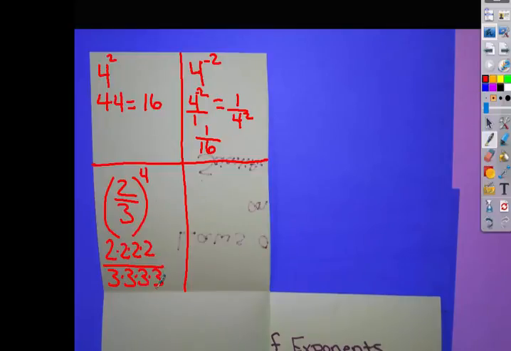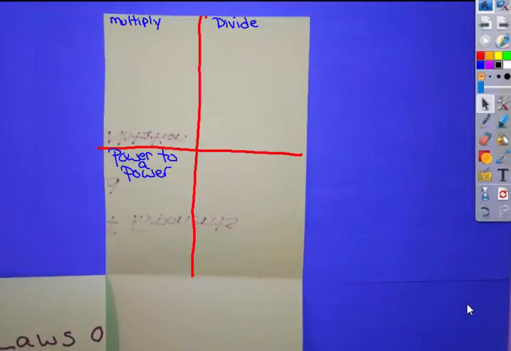Well, in that case, I should end up with 16, because 2 times 2 times 2 times 2 is 16, over, when I multiply 3 by itself 4 times, I get 81. So in this case, I actually end up with 16 over 81. Now, these are just your basic talking about exponents, if I have a positive, negative, or if I have a fraction.